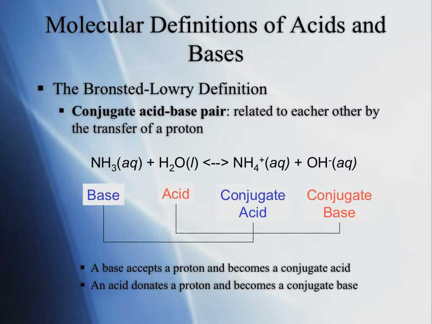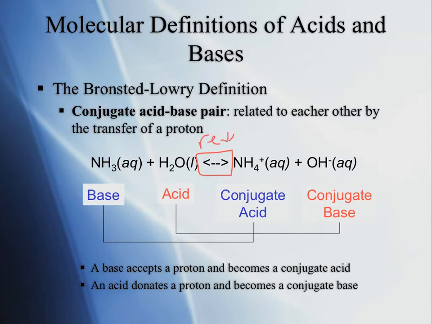Let's take a look at what we call a conjugate acid-base pair. Most of these kinds of reactions you are going to see have a double arrow between the products and the reactants, and that is indicating the fact that it is a reversible reaction.